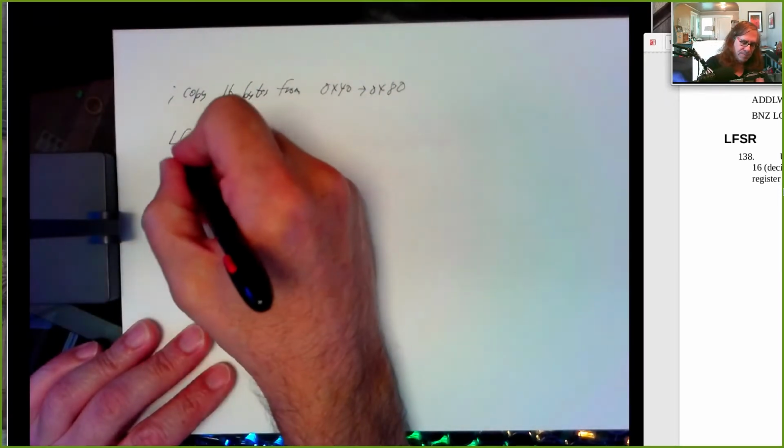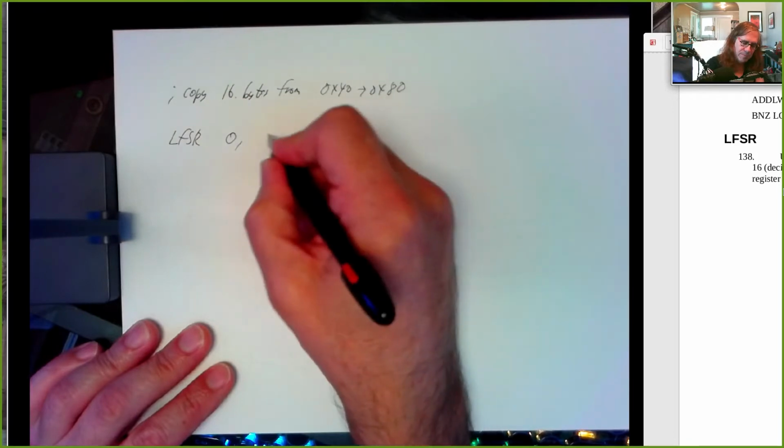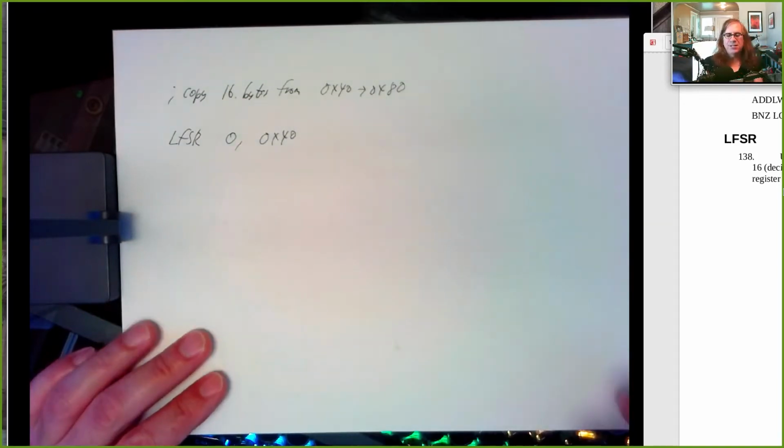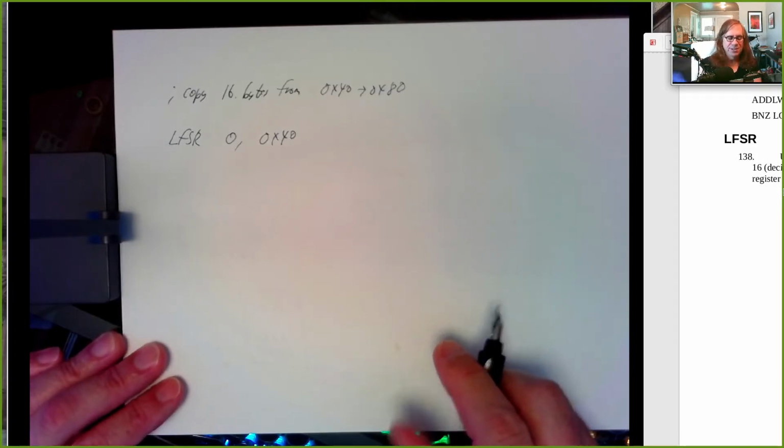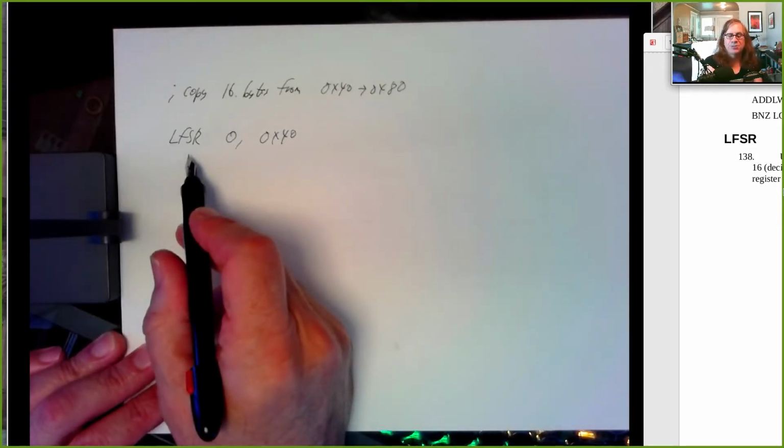So an easy way to load file select register 0L and 0H is to use this load file select register instruction.